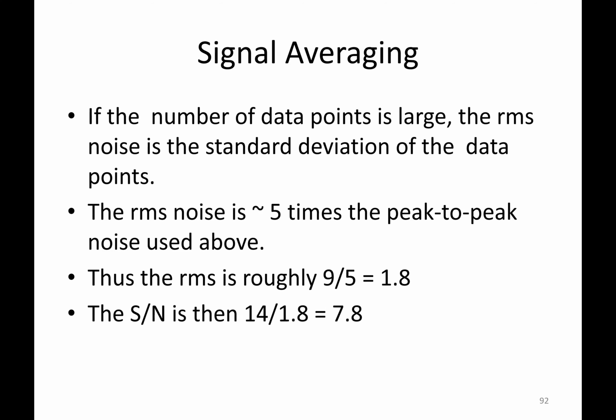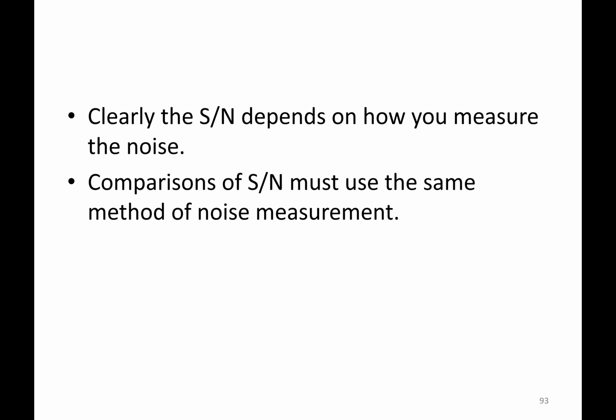And you would see that if you have large data points, then you have a different signal to noise ratio. And that's the point that I wanted to convey to you today. Clearly, the signal to noise ratio depends on how you measure the noise, if you have a large or a small, and then you can compare the two. So I think that's the burden I had in my heart. Okay, is that clear now?